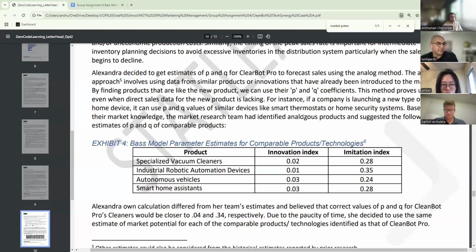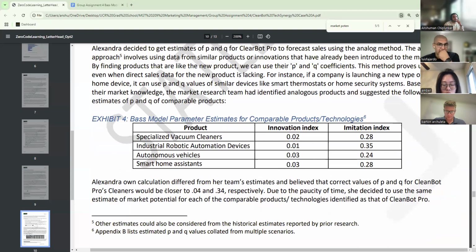Okay. And then of course I had it... So what she's saying right here is that we believe our innovation and imitation indexes are closer to 0.04 and 0.34. It's a hypothesis, right?